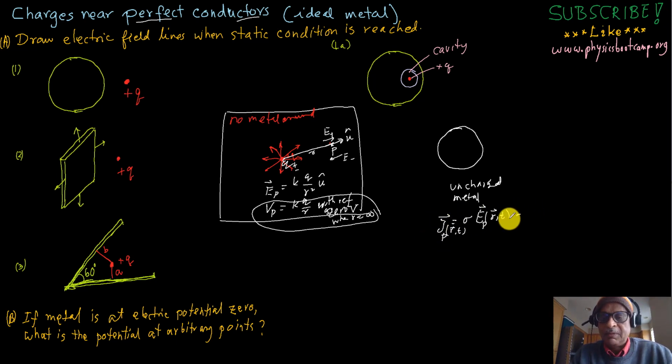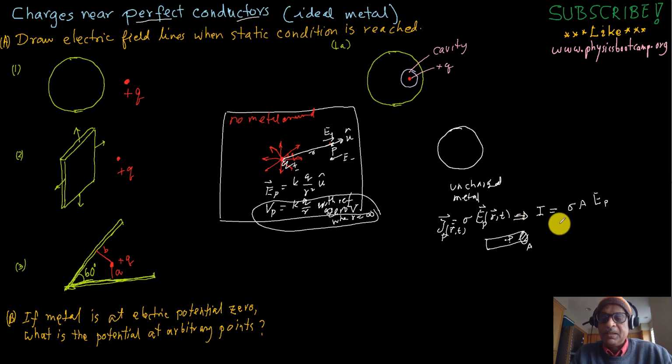You can convert this into the current. Suppose this is a wire, and we're looking at a point in the wire. Then at that point, the current will depend on the cross-sectional area A. The current is just multiplying by A: sigma A times the electric field at point P.